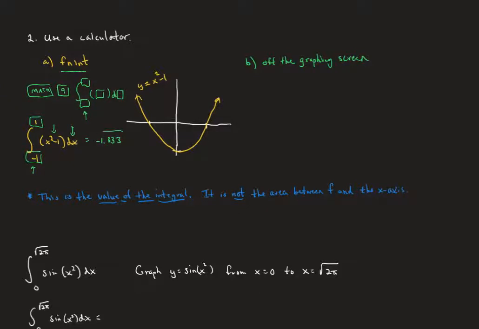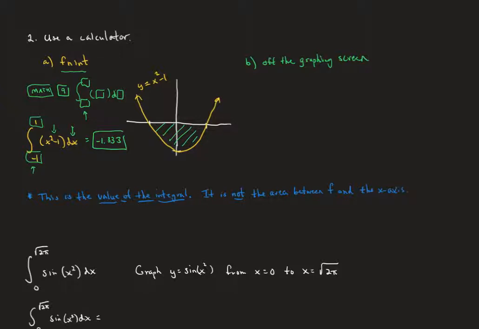We'll round it to 3 decimal places. And we're getting a negative because, as you can see from the picture, the curve is below the x-axis from -1 to 1. So you can see that an integral can be a positive number, a negative number, or even 0, because it's giving us that kind of net area between the curve and the x-axis.